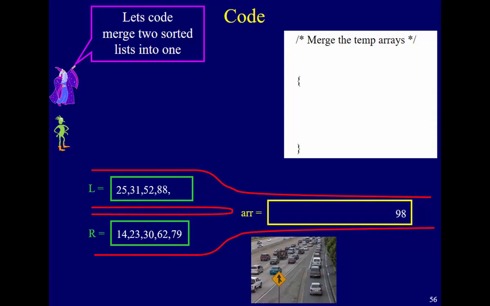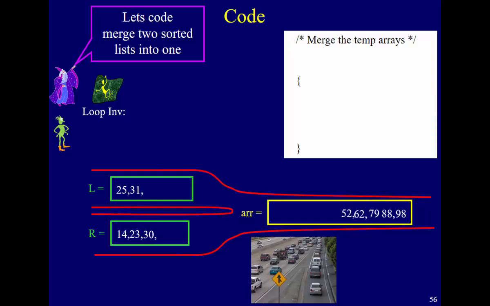Now we have to merge the two together. Remember, we had this great code. Here it goes, merge, merge, merge. And then, I love loop invariants. The loop invariant says you jump into the middle of the code and you want to know what our data structure looks like.